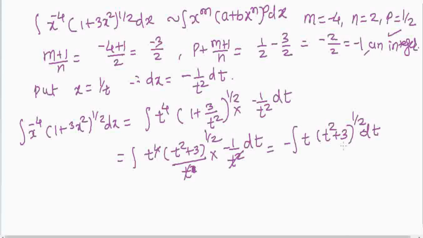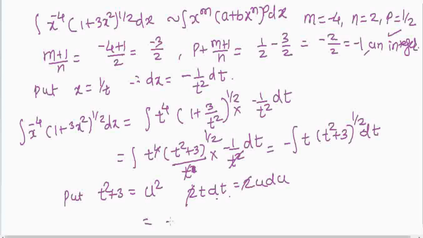Okay, then let us put t square plus 3 equal to u square. Then 2t into dt equal to 2u into du. The 2 gets cancelled and we have t into dt equal to u into du.